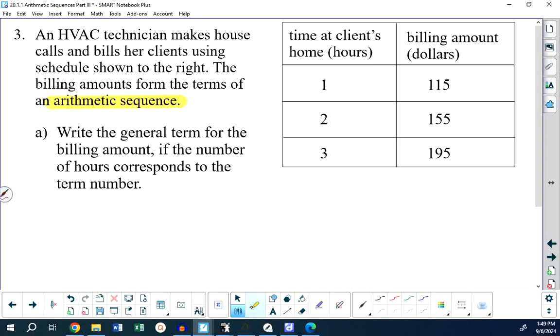So what we're saying is that this is N, and this is Tn. In other words, T4 is what she would charge if it were 4 hours of work. T2 is what she would charge if it's 2 hours of work. Well, that means the sequence is this.